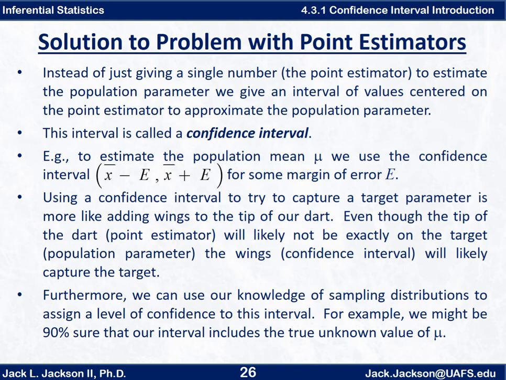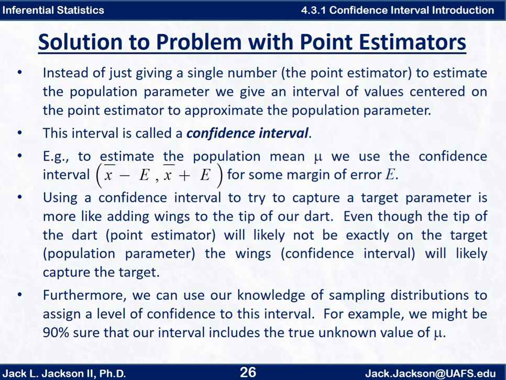For example, say we want to estimate the population mean, mu. We want to use a confidence interval of the form x bar minus e up to x bar plus e, and the e is called the margin of error. Notice that x bar is exactly right in the middle of that interval.